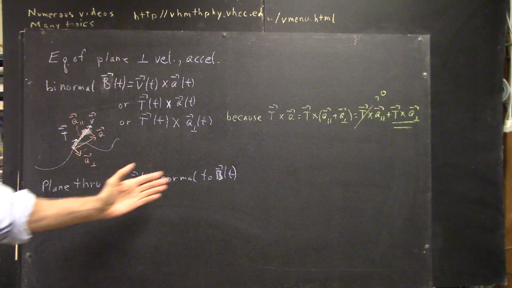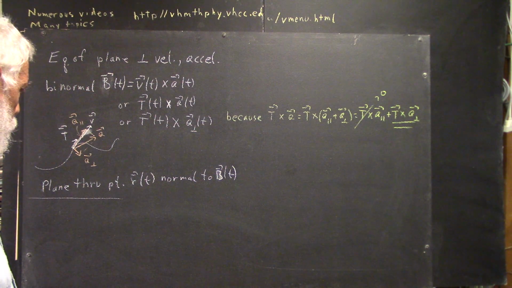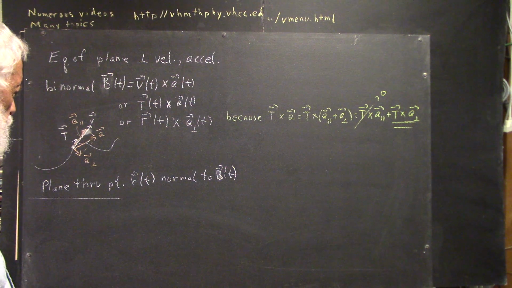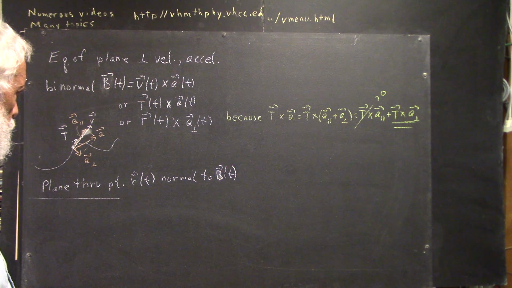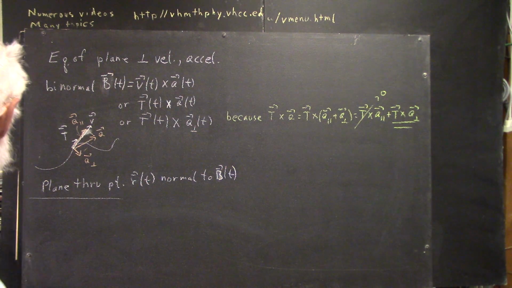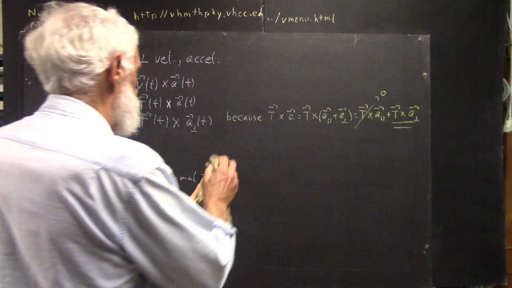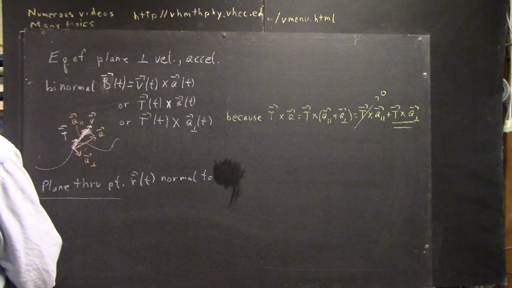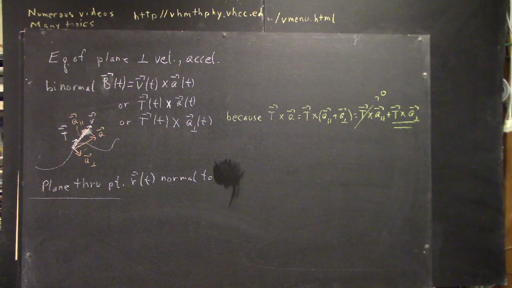Okay, well, what's the plane through r of t normal to our... and that's not right, so let me fix that. Okay, first place, r of t is a position, and I haven't indicated r of t here.